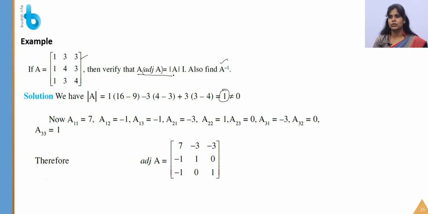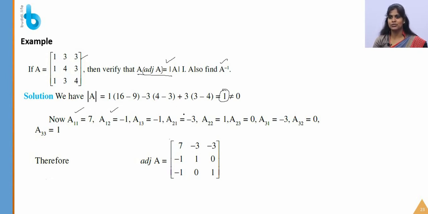Now first we will do this part, adjoint of A. For finding the adjoint, we need to find the cofactors. You know how to find the cofactor, we have already seen an example on that.